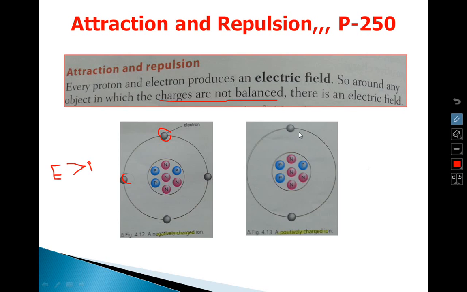If the number of electrons here is less than protons, there are 3 protons here and 2 electrons, so the charge is positive. Number of electrons here is 4, protons are 3. It doesn't matter how many neutrons there are. Neutrons don't affect the charge.